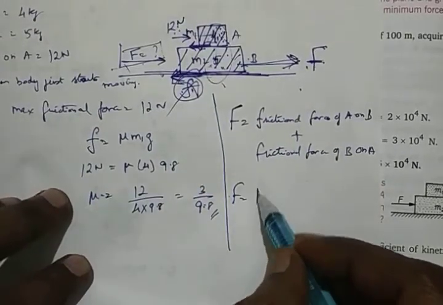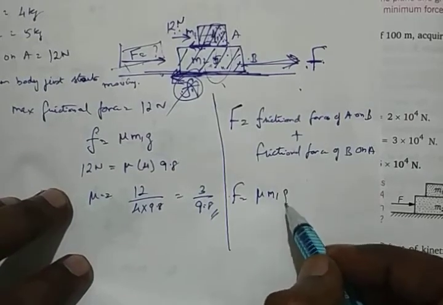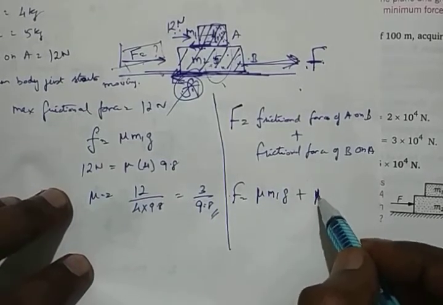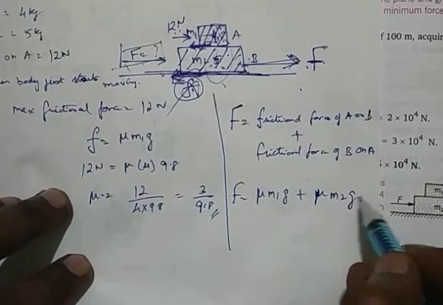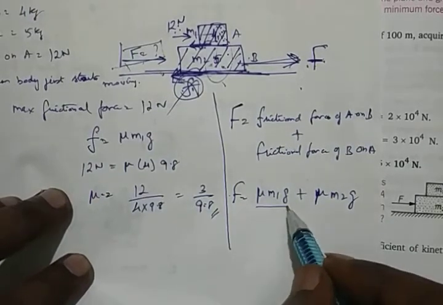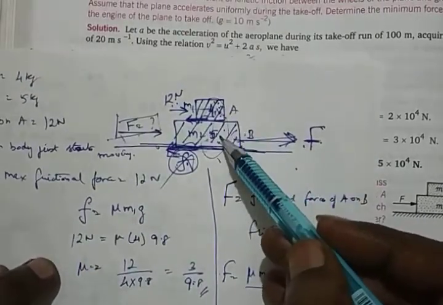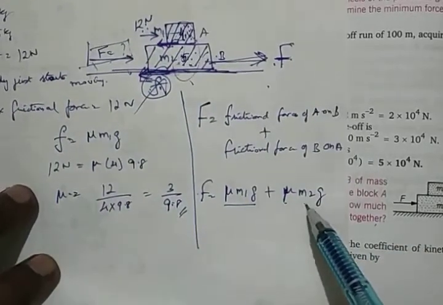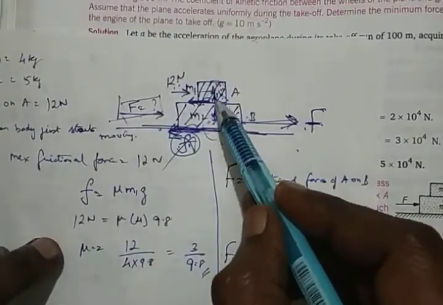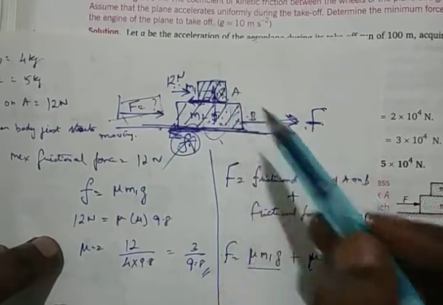So it's going to be equal to mu into m1 into g plus mu into m2 into g. What is mu into m1 into g? It is the frictional force of A on B. What is mu into m2 into g? It is the normal reaction which comes here, which gives another force.